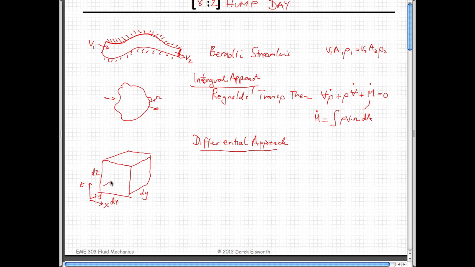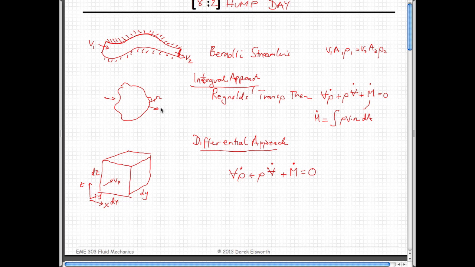And we'd have things like velocities in the x direction, etc. And so the interesting thing is that you could apply to this same approach, Reynolds transport theorem, the product of volume times the rate of change of density, the density times the rate of change of volume, and the mass in minus the mass out, and this should still hold.